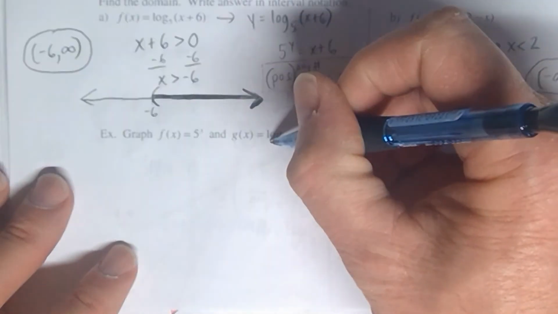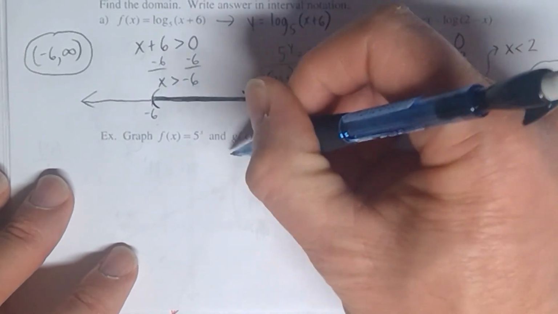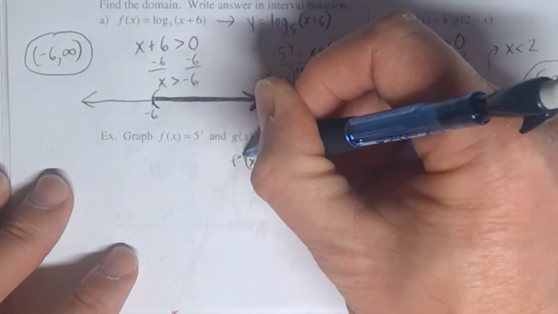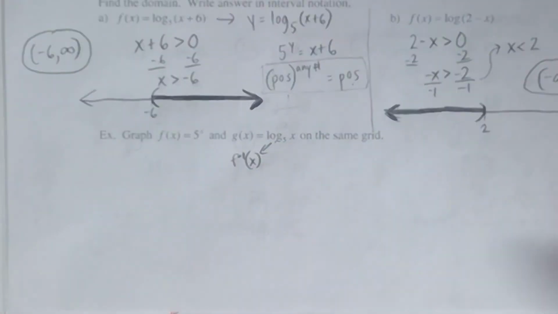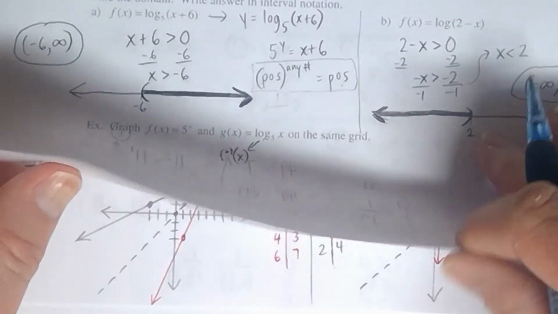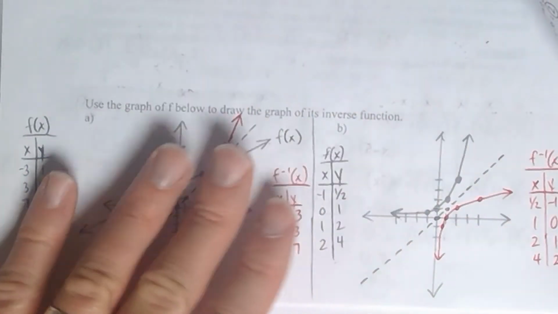So this is actually f inverse of x. You don't have to write that down, but it reminds us that we can do that whole inverse strategy for graphing that we did in the last section. Here it is right here. These problems right here, we can do the same thing.